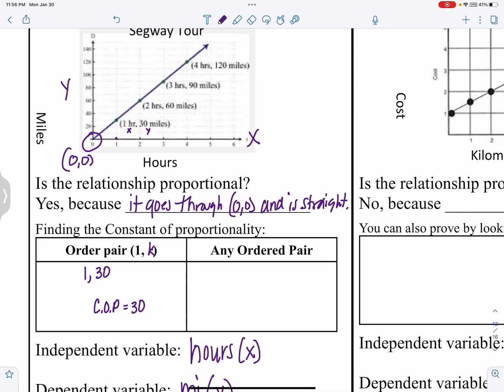So let's just pick the 2 and 60. So here's my x and here's my y. I know my equation is y over x equals my constant of proportionality. Again, because remember, we have y equals k times x. And so when I divide by x on both sides, you get the equation y over x equals k. So that's why we're doing that. Just a reminder again, even though I've told you like 10 times. All right, so y over x, y is my 60, x is 12, and that will equal my constant of proportionality.